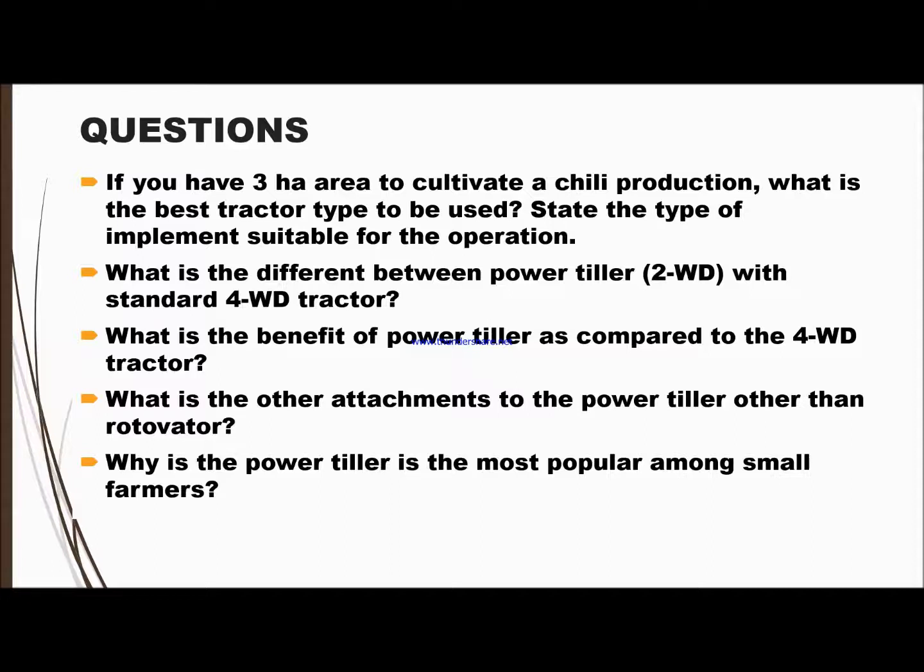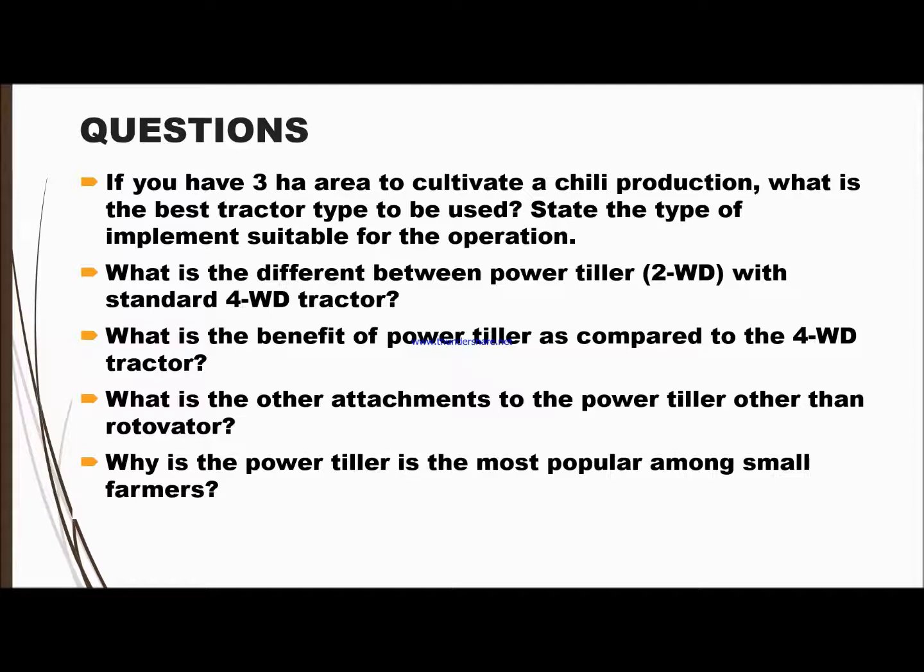Other than that, if you have a bit more budget, you can also consider the duty tractor, not only the pedestrian tractor, because of the saving of cost and also machine efficiency. So that will be the next topic.